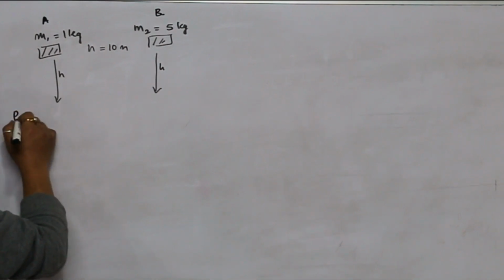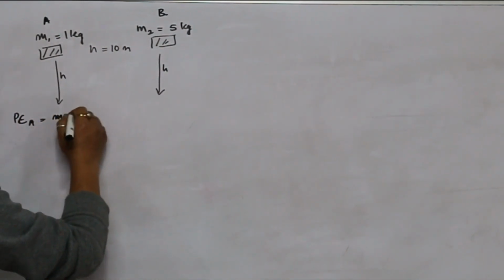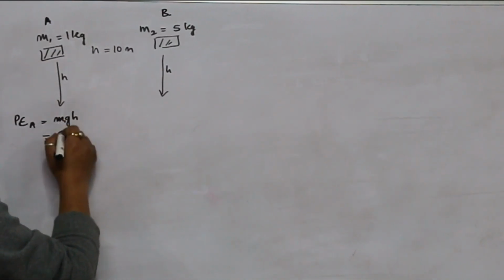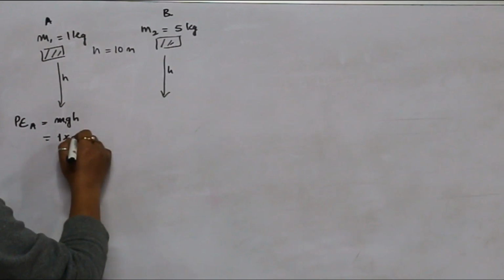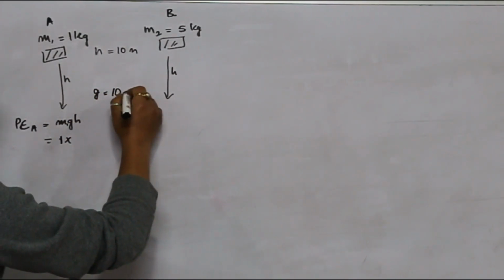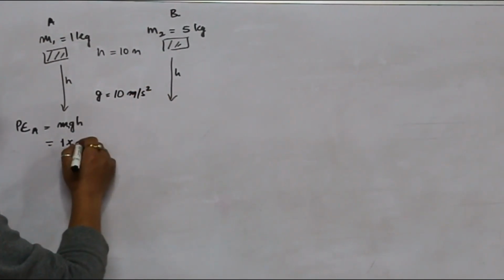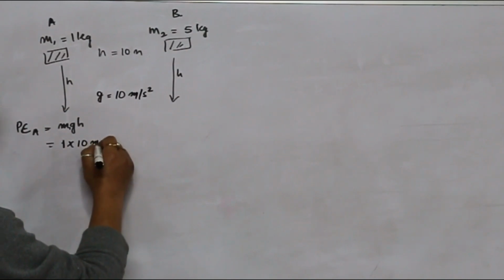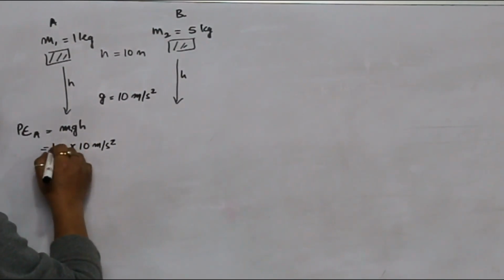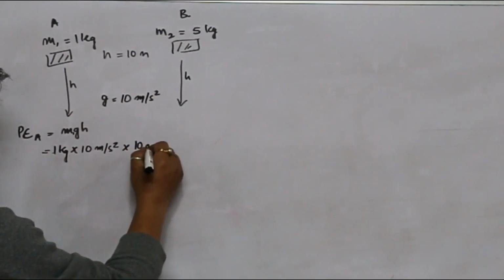So potential energy of A is equal to mgh. Mass is m1, which is 1 kg, into acceleration due to gravity, g, which is approximately 10 meter per second square, into height, which is 10 meter.